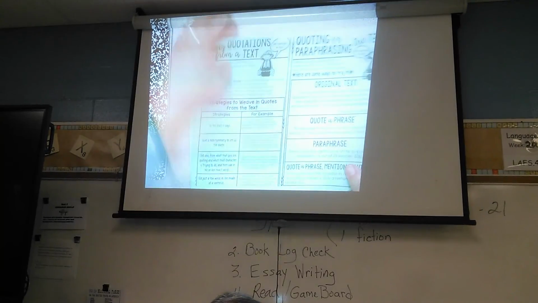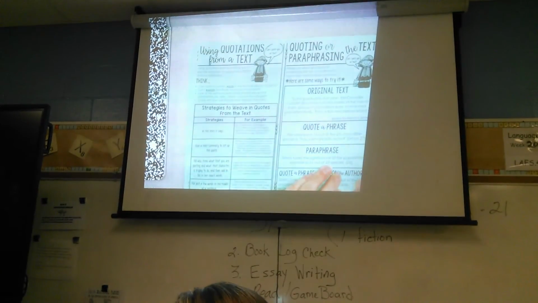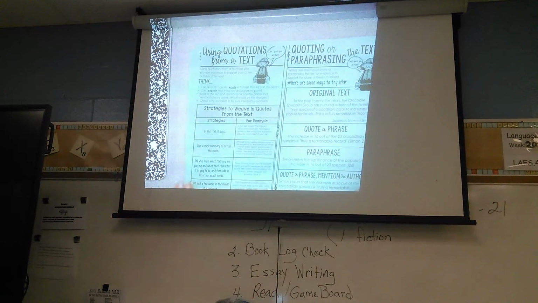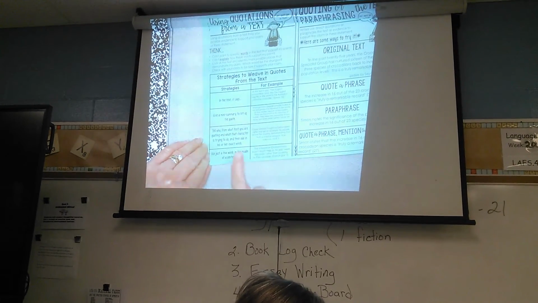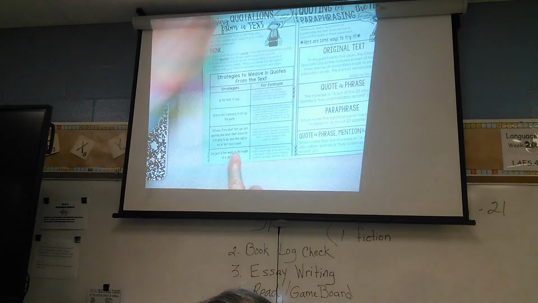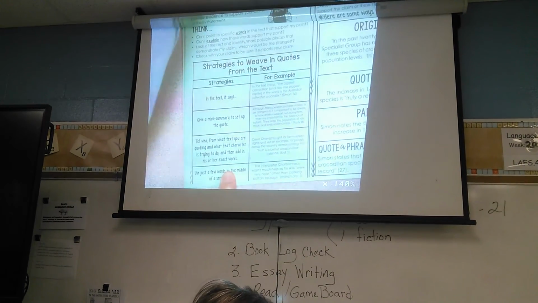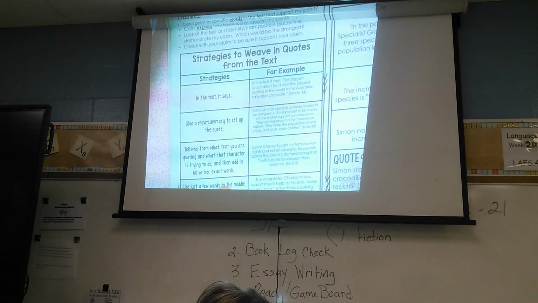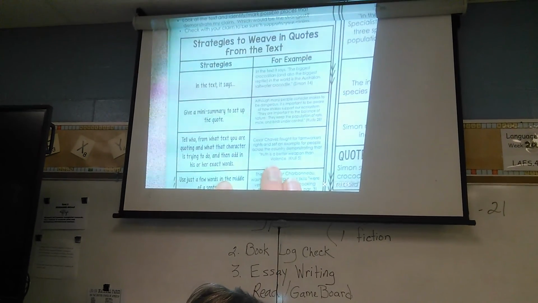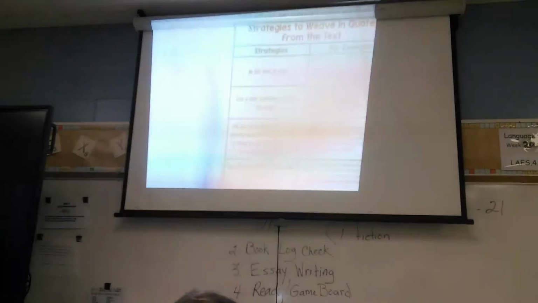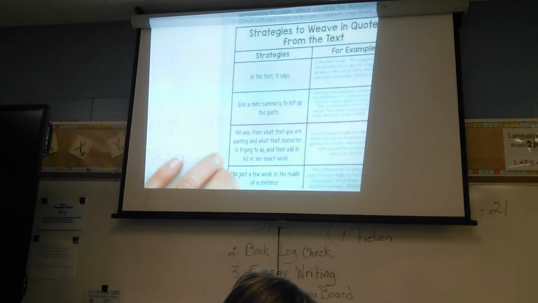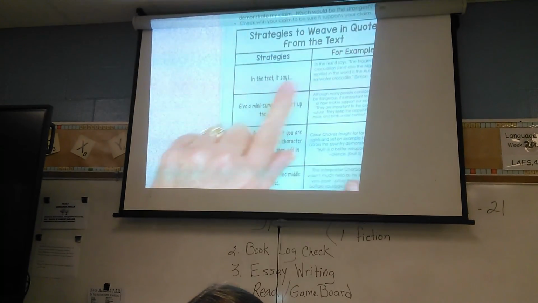All right, the other thing I wanted to show you has to do with how you are citing your text. Okay, so one way we can cite our text is how we introduce it. And this would come before you give the quote.